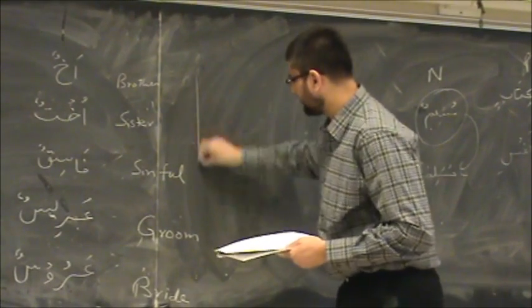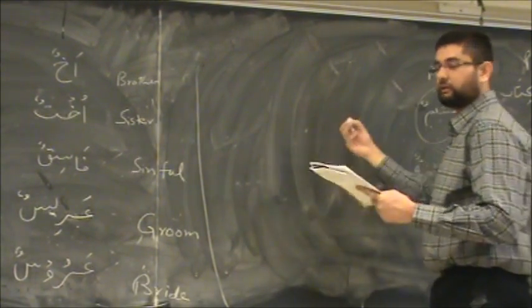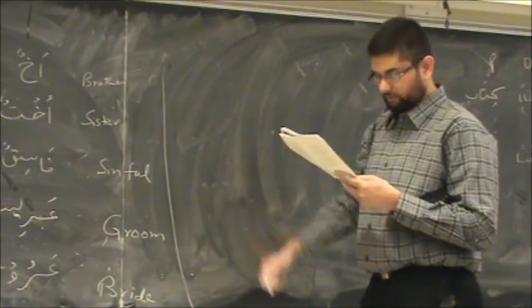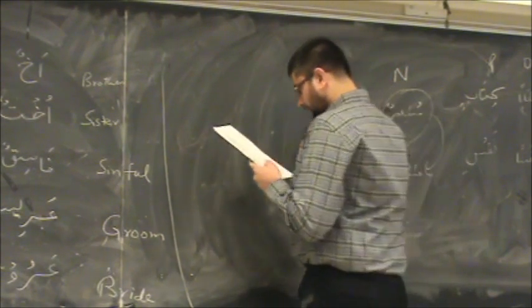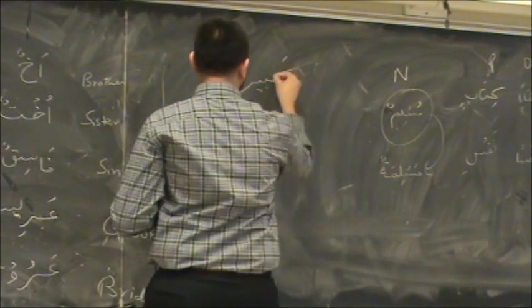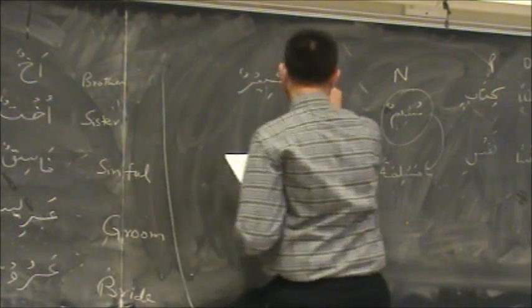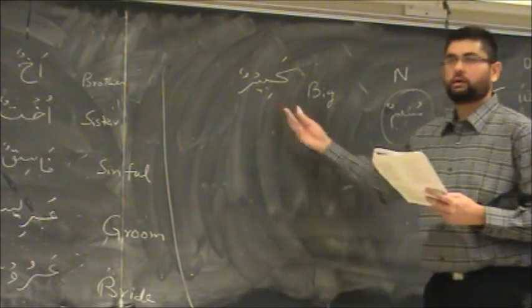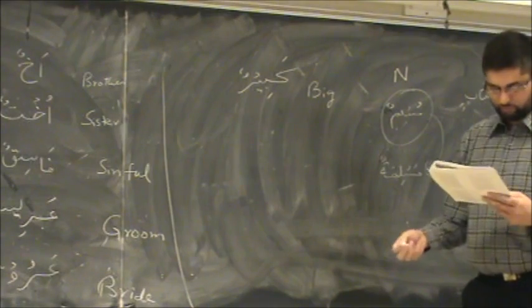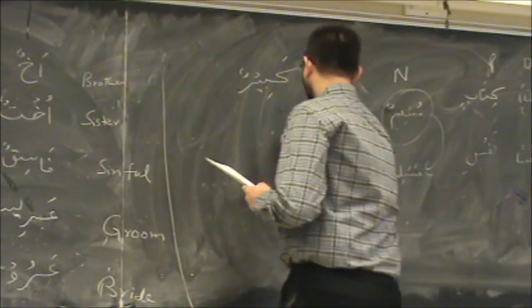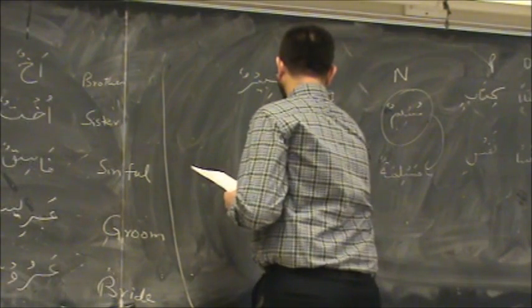So if you change their cases and make their other gender, it would be a good practice. And just remember the meanings. Okay, Kabirun. Kabirun means big. It has a gender, so you should be able to make the feminine. Saghirun.